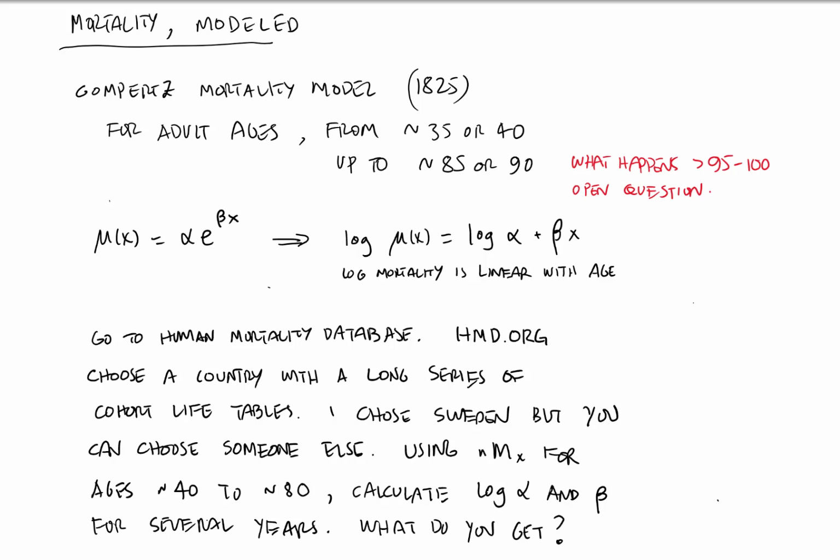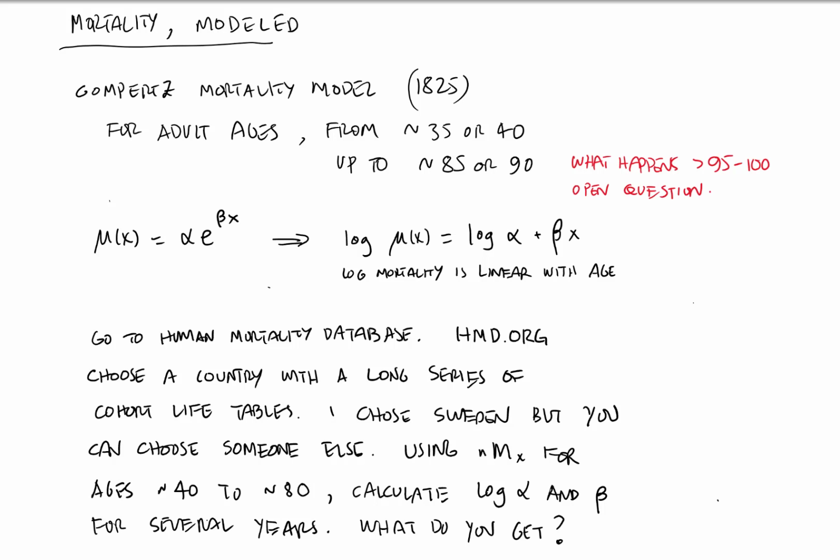It applies to adults only, roughly from middle age, from age 35 or 40 on up to age 85 or 90 or so. What happens after age 85 or 90 is an open question. Does mortality after that age plateau, continue to look linear in the logs, or accelerate even faster?